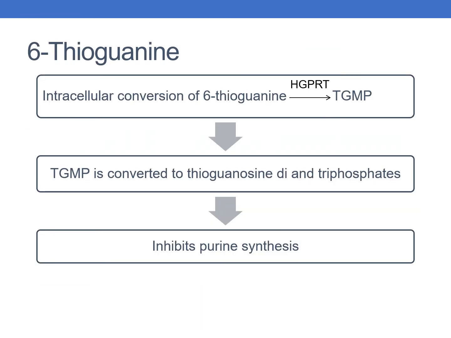The next drug is 6-thioguanine. Intracellular conversion of 6-thioguanine occurs in the presence of enzyme HGPRT, which is nothing but hypoxanthine guanine phosphoribosyl transferase. 6-thioguanine is converted to TGMP, thioguanine monophosphate, and this thioguanine monophosphate is converted to thioguanosine di and triphosphates, and thus finally it inhibits the purine synthesis.